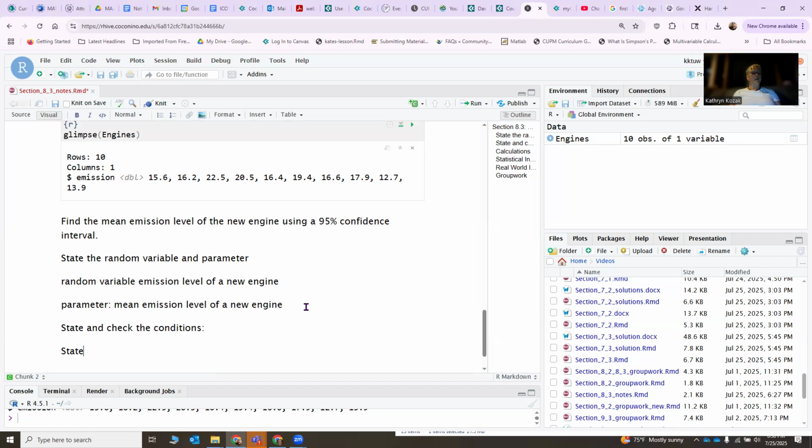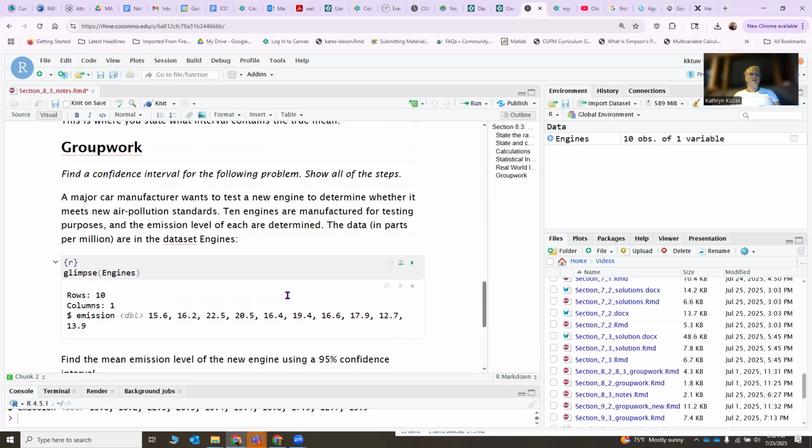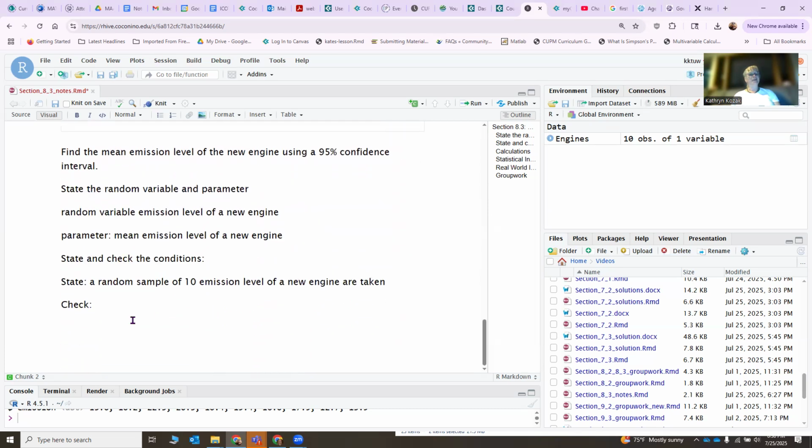So first, state that you have a random sample of 10 emission levels of a new engine are taken. I'm going to check this, and the problem is that I don't think this is true, because it says right here that they made them for this purpose. They manufactured them for testing purposes.